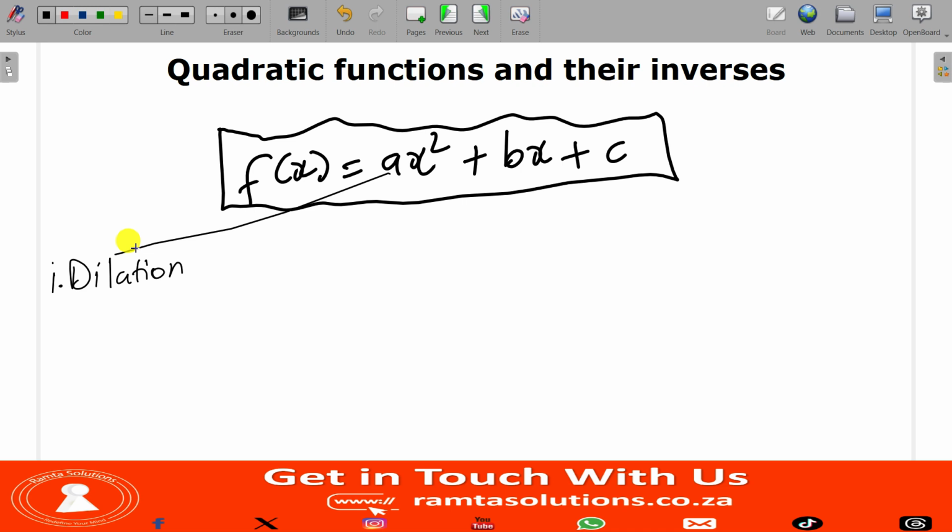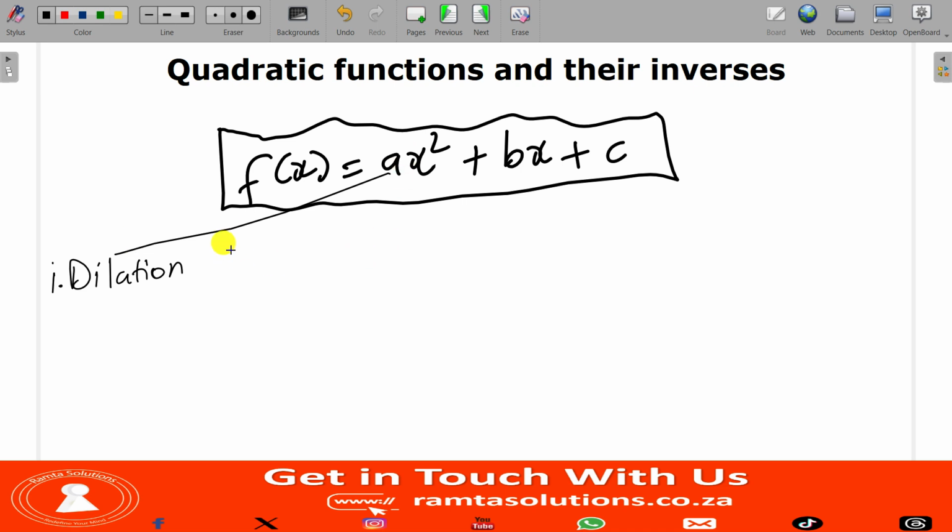But if a is greater than +1 or less than -1, the curve will be wider.